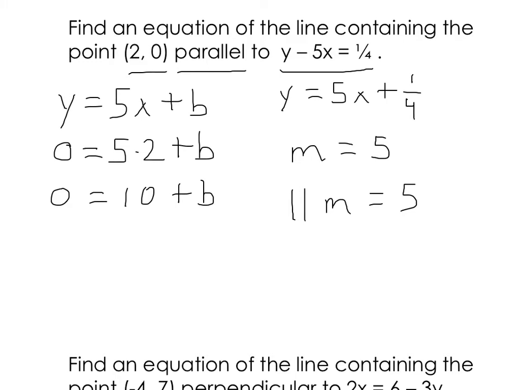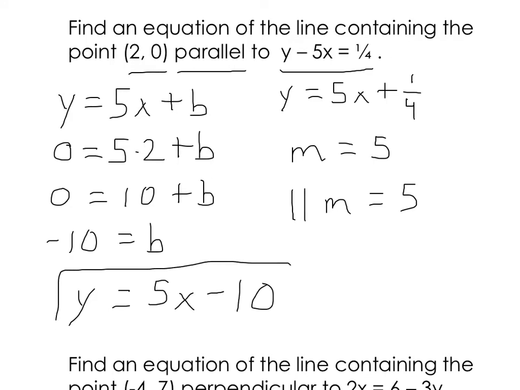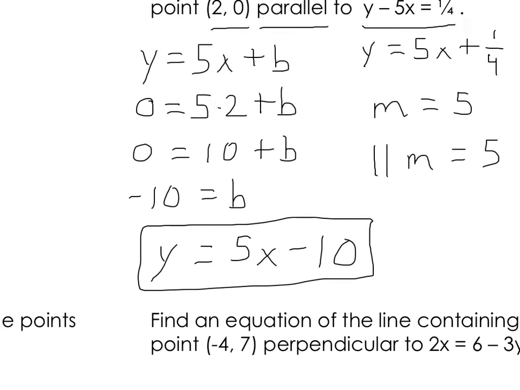Let's subtract 10 from both sides. -10 equals b. So our equation is y equals 5x minus 10. So that line is parallel to our given line. They have the same slope and they have different y-intercepts.